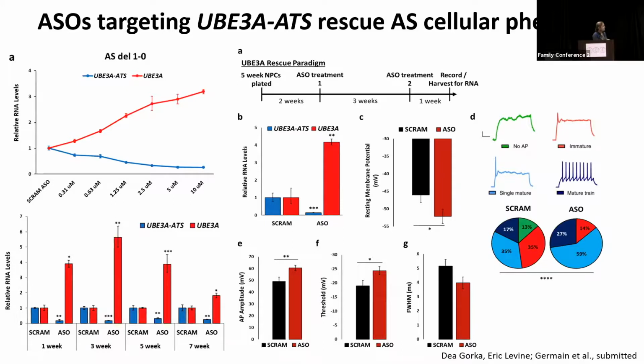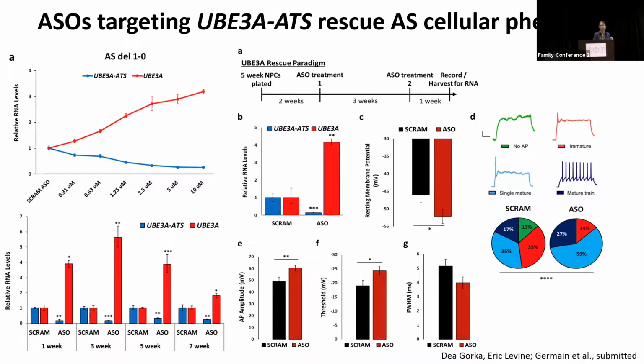We also asked whether these ASOs, when we put UBE3A back, rescue the cellular phenotype. What goes wrong in the neurons with Angelman syndrome? One of the most obvious phenotypes for Angelman syndrome was found by James Fink, who's sitting here. James found that Angelman syndrome neurons have a more depolarized resting membrane potential.